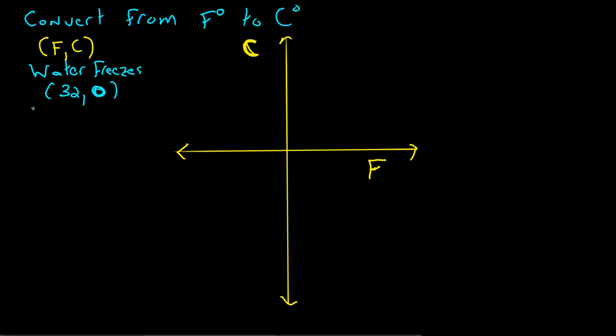And water boils at 212 degrees Fahrenheit or 100 Celsius. Notice we don't have a y-intercept. This does not have a y-intercept, so we're going to have to use our, I'll put this over here in red.